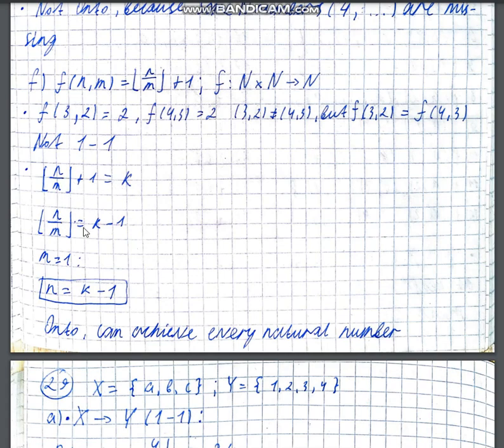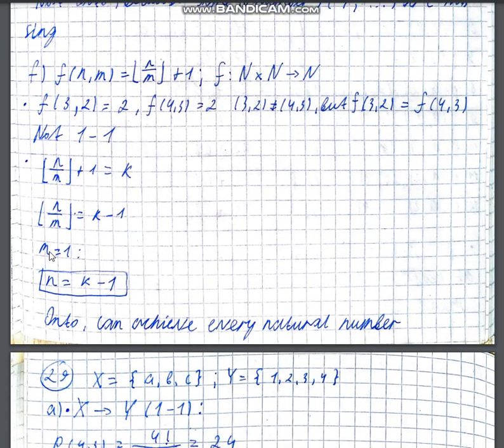If we take this original function and the output is k, then when we transpose 1 to the right side and take m as a 1, by putting any number as we want, we can achieve any natural number. So it is onto.